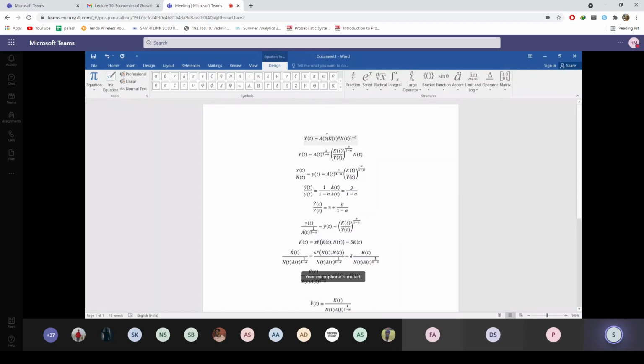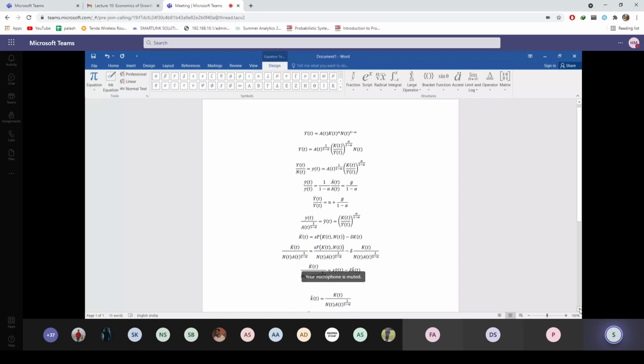If it is both labor augmenting and capital augmenting, you define your k hat as capital K divided by NT multiplied by AT to the power 1 over 1 minus alpha. This is the only thing, because we do not work with any other kind of production function generally.